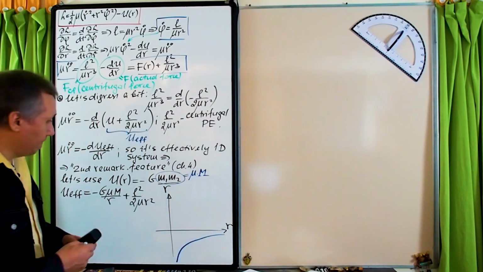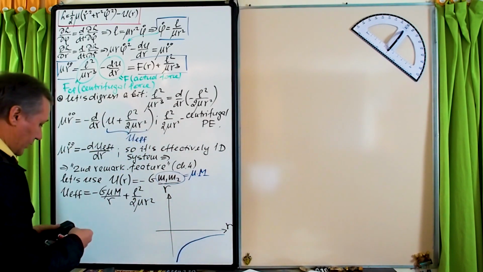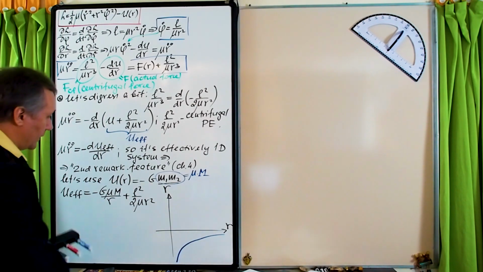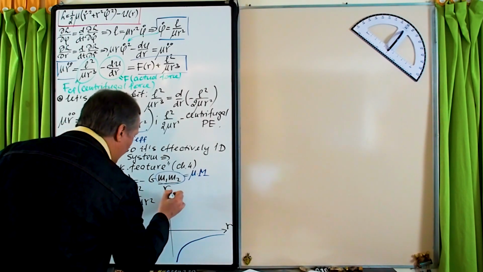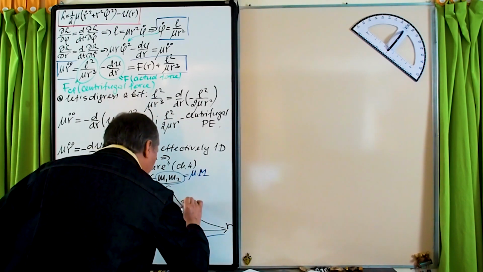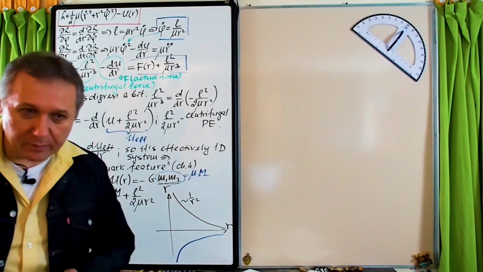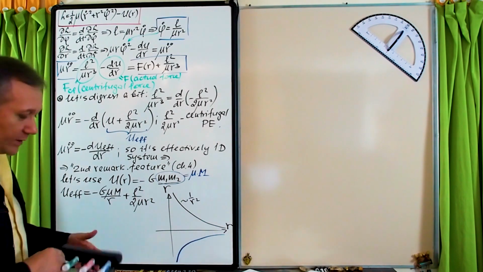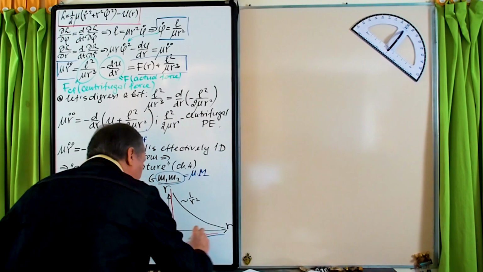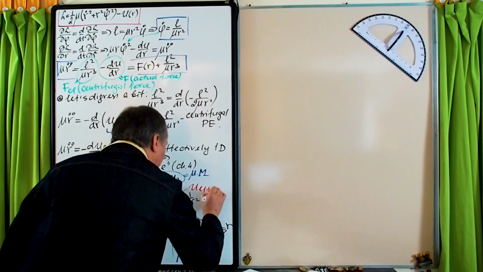So that's this gravitational potential energy, and centrifugal potential is positive and decays as 1 over r squared. So if you plot it, you will get something like this. So this is proportional to 1 over r squared, the centrifugal potential. So if you add them up to plot the effective potential, you will end up with something like this. So that's our U effective.